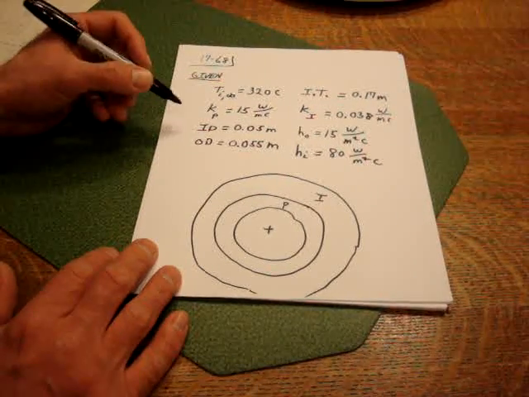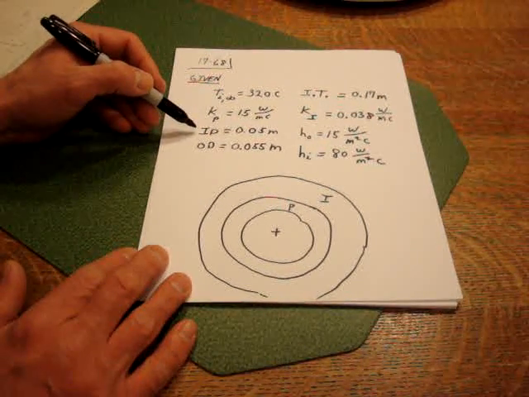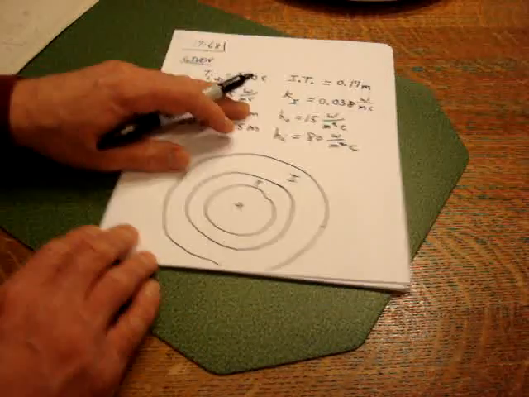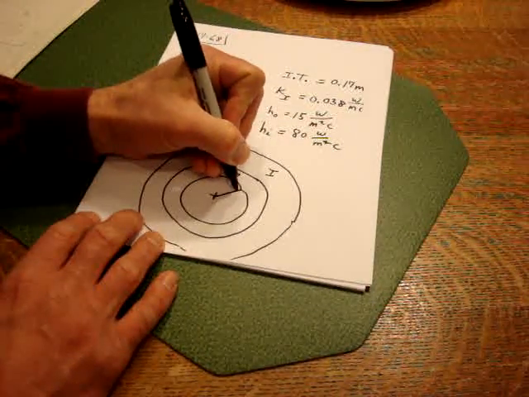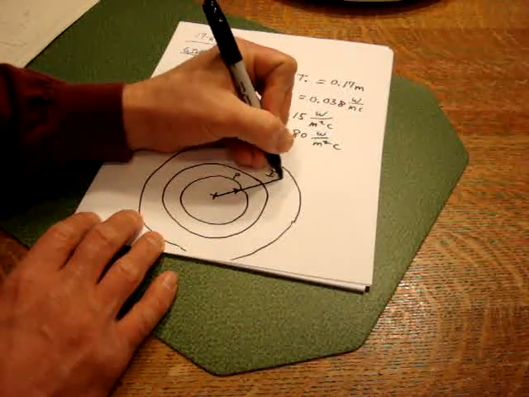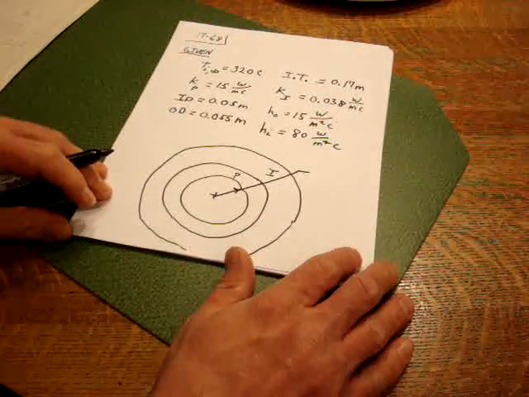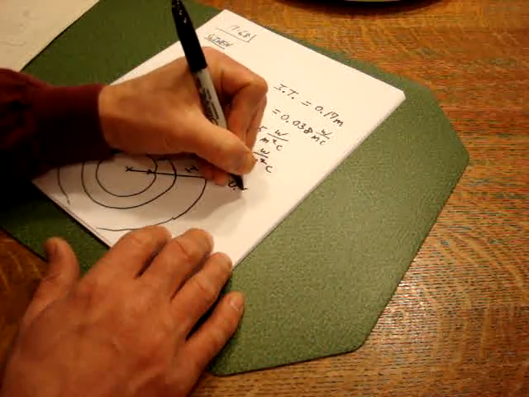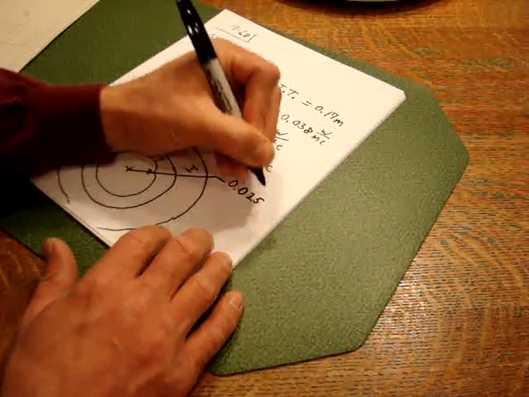If you take this information up here, the ID of the pipe, the OD of the pipe, and the insulation thickness, what you can see is that the radius to the inside of the pipe, if you crunch those numbers out, comes to 0.025 meters.